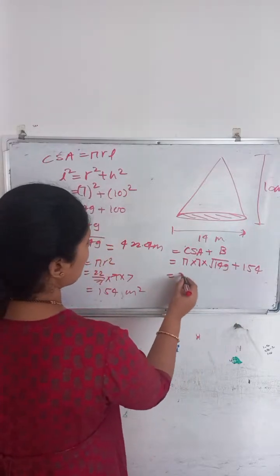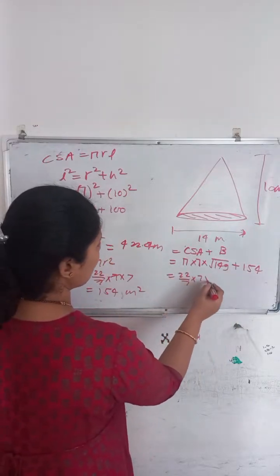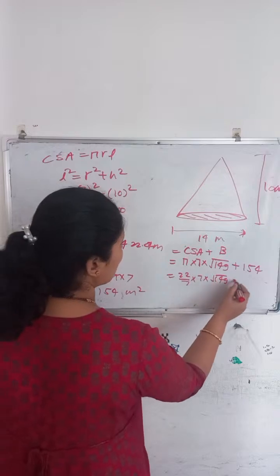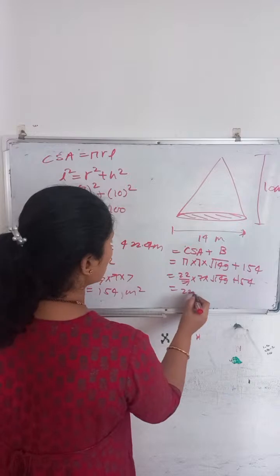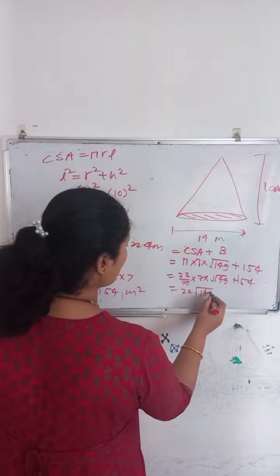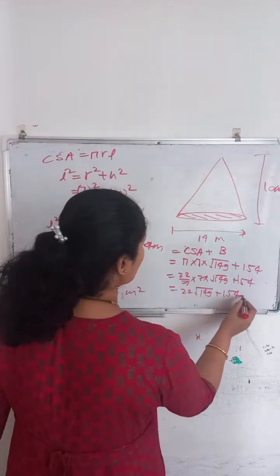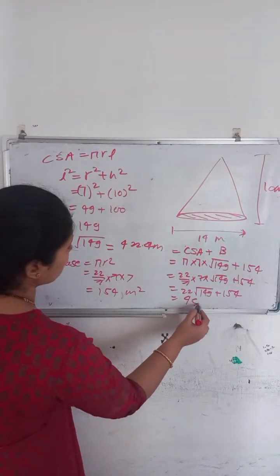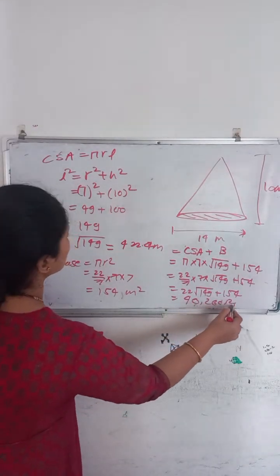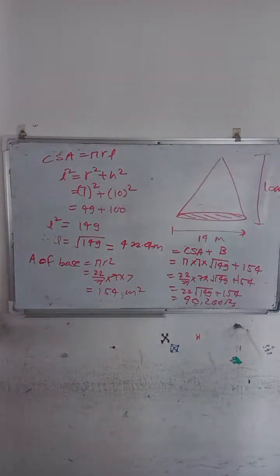So 22 by 7 into 7 into root 149 plus 154. The 7 gets cancelled, so 22 into root 149 plus 154. If you calculate and substitute, you will get some answer. That you multiply with 150, then you will get the answer 40,260 rupees.